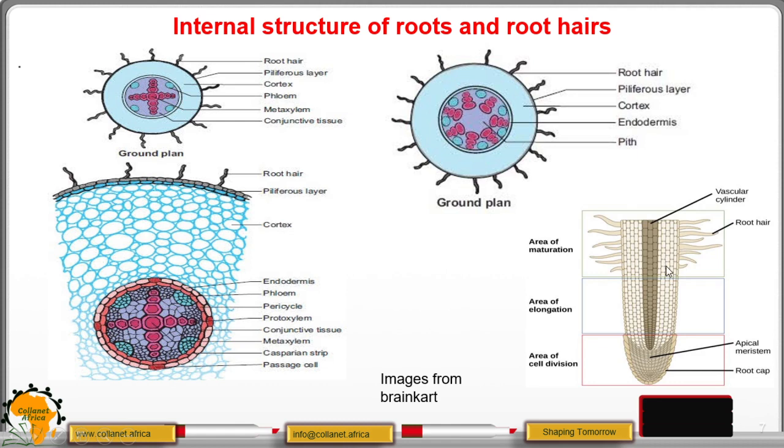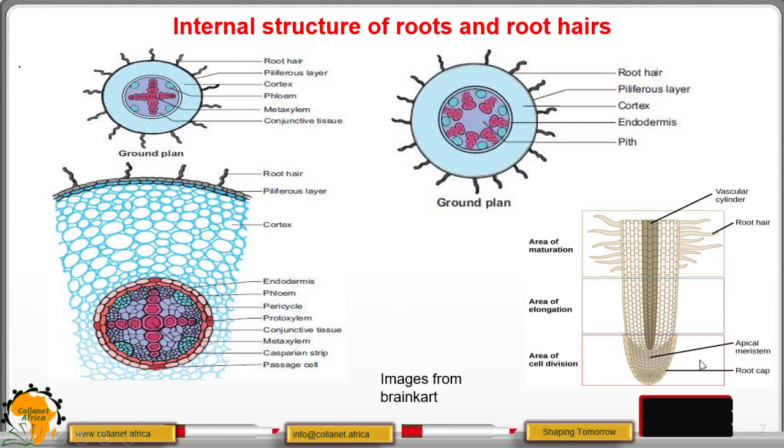This is a transverse section of a dicot root showing the region of maturation, or specialization. We have the region of elongation, where the cells elongate, and then here we have the region of cell division.